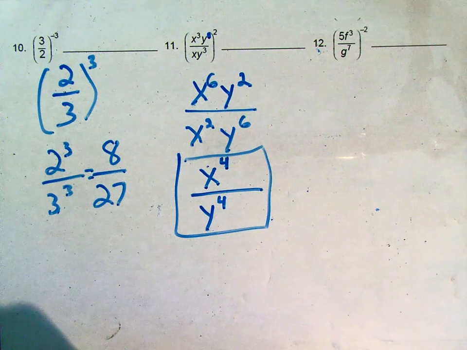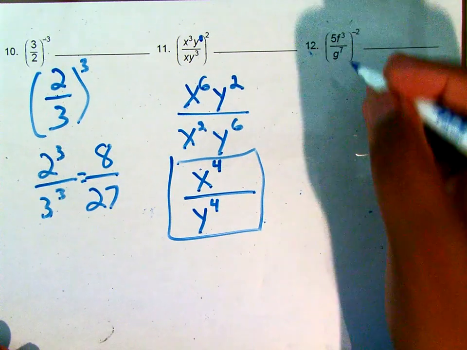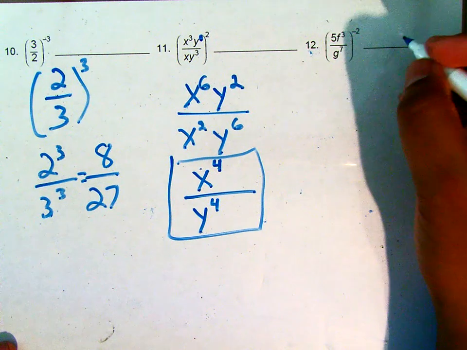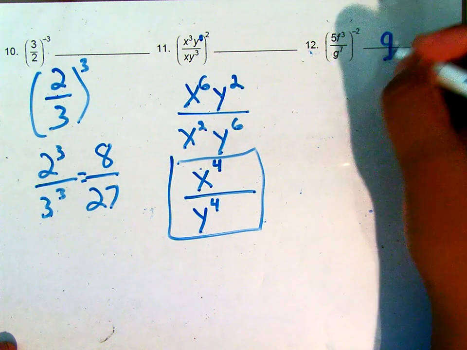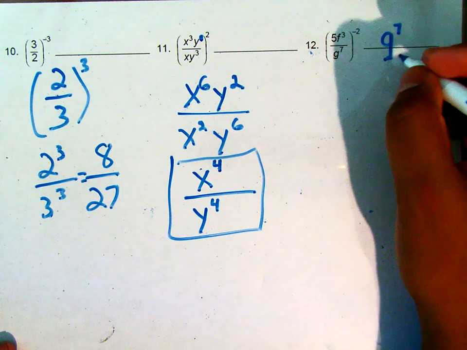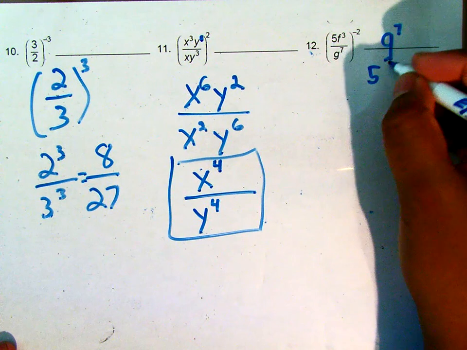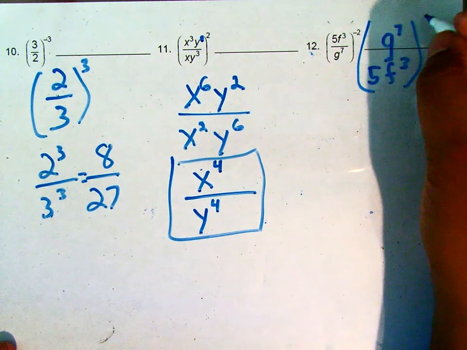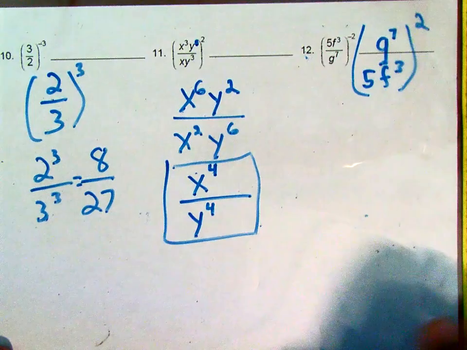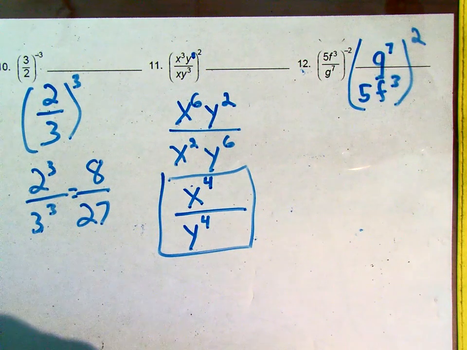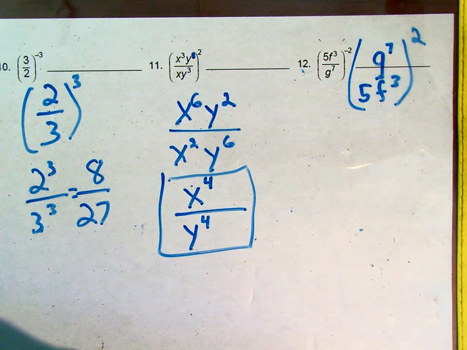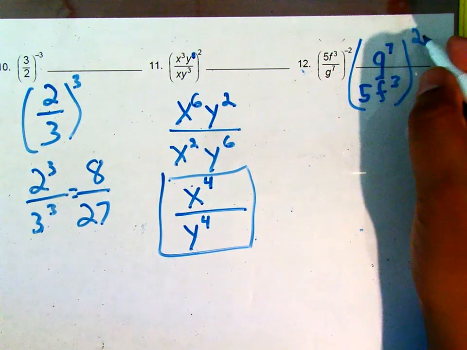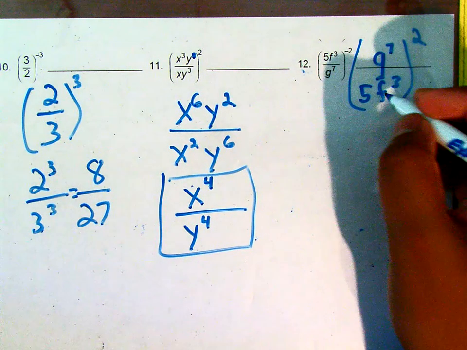All right, now on our last problem here, what we're going to do is first write the reciprocal, which is going to be g to the 7 over 5f to the 3rd, and all of that's being multiplied by 2. Okay, now I'm going to take this 2, and it's going to go in everything here.